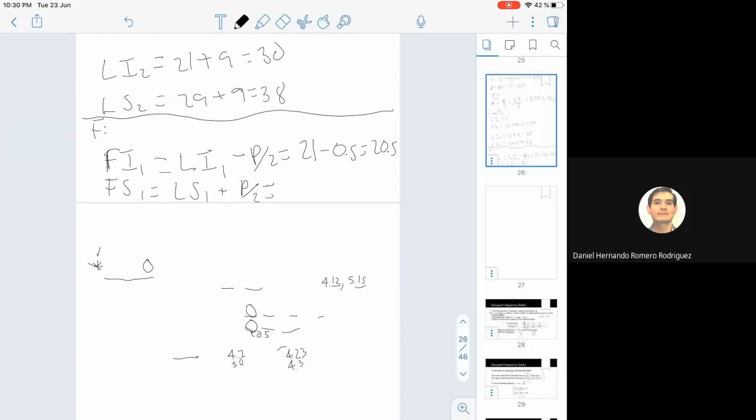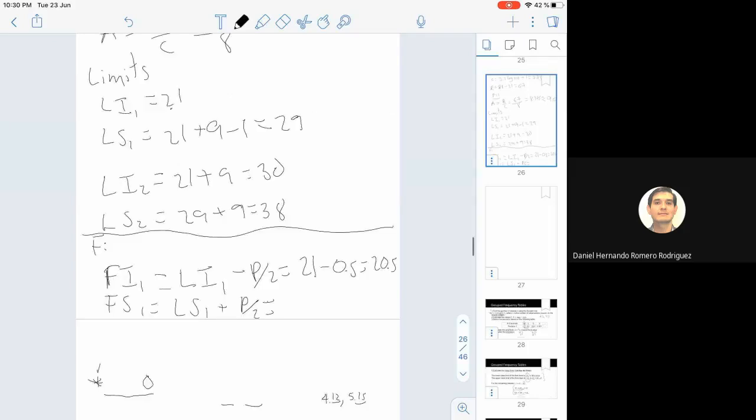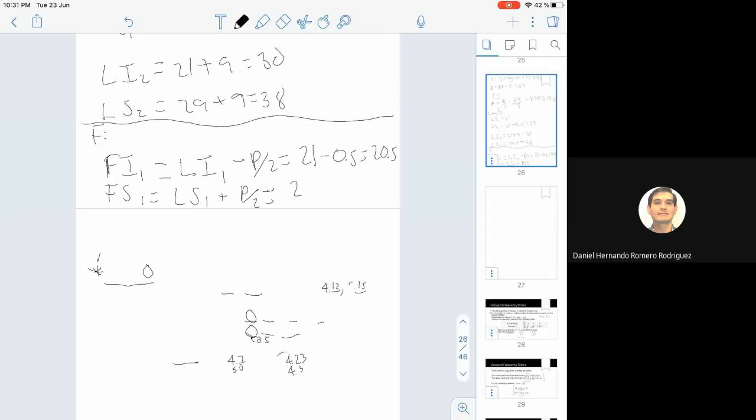So that will be 29 plus 0.5, equal to 29.5. So these are the lower and upper boundaries, only for the first class.